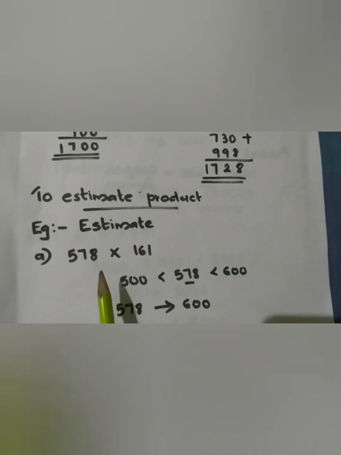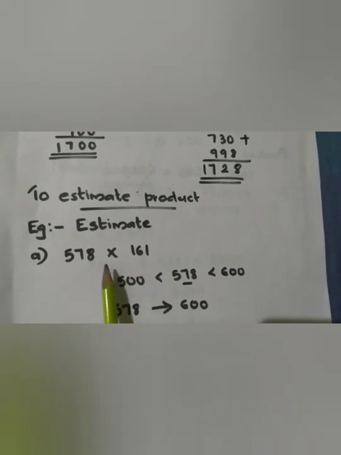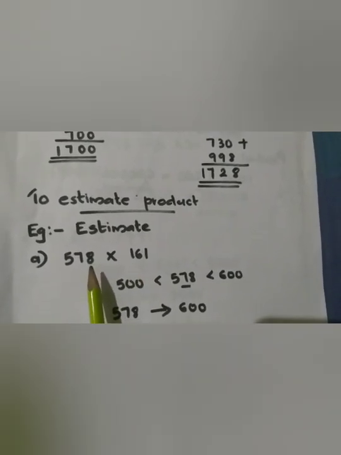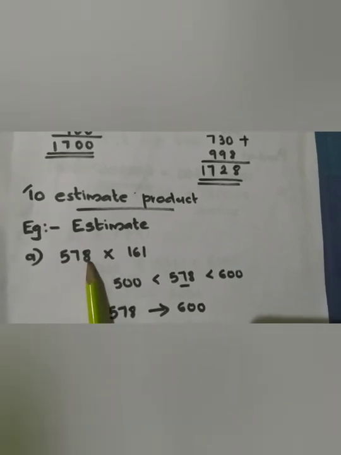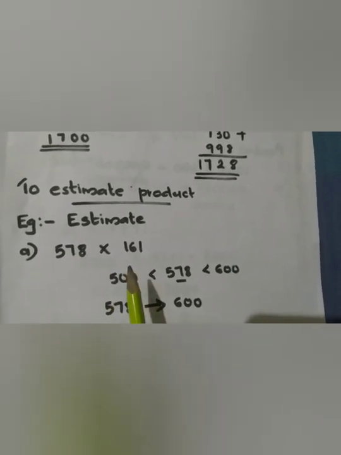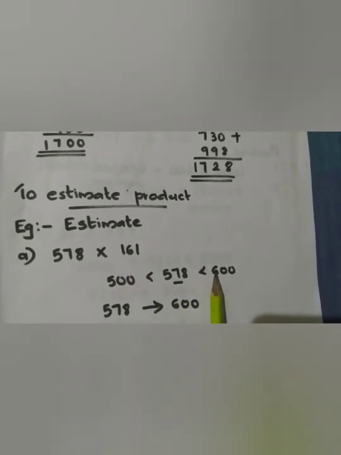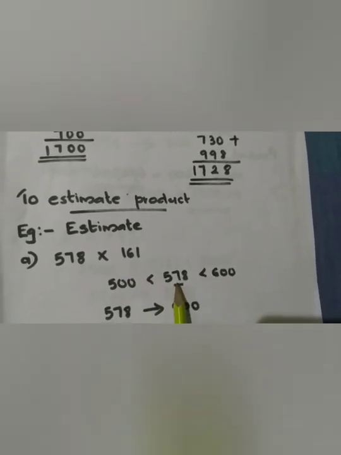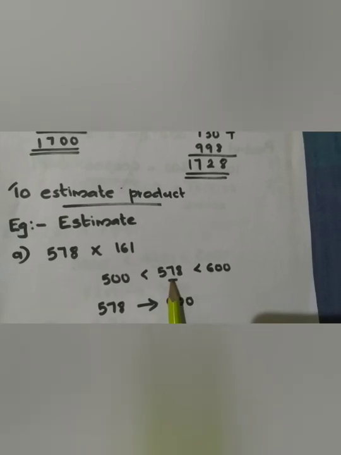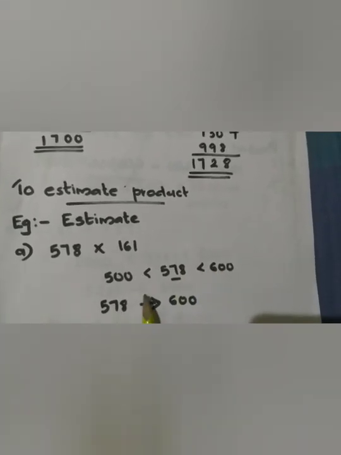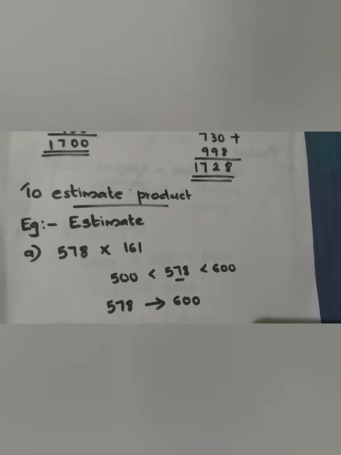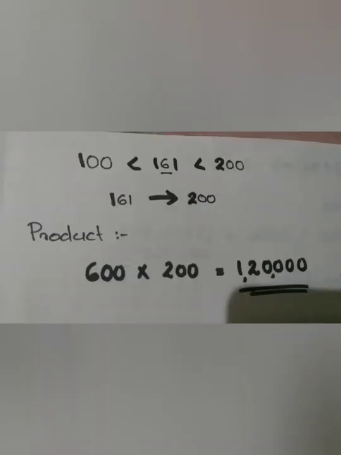Now in this question, both are having 3-digit numbers. That means we can round to hundreds only. So first, 578. 578 is between 500 and 600. Now we look for the digit in the tens place. So where will we round? We'll round up. So 578 can be rounded to 600.